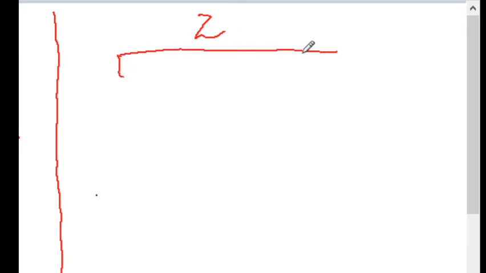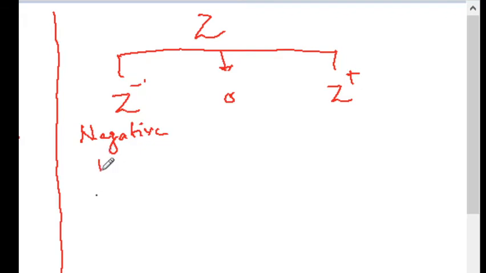We can divide Z into negative Z, 0, and positive Z. Negative Z are called negative integers, and they are -1, -2, -3, -4, and so on.